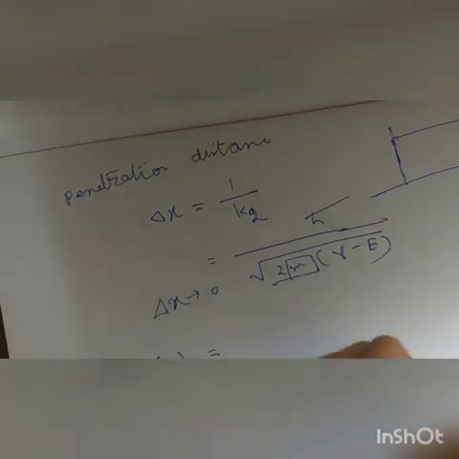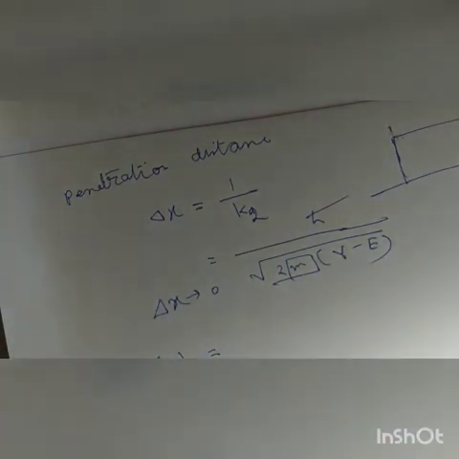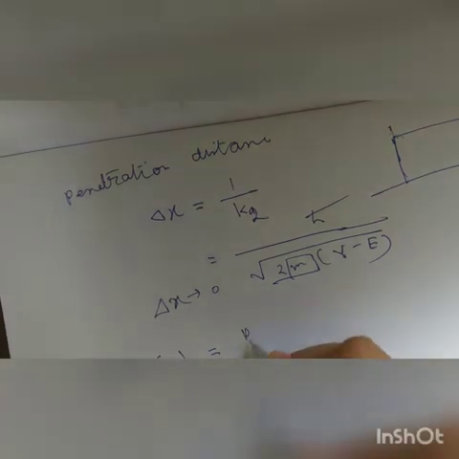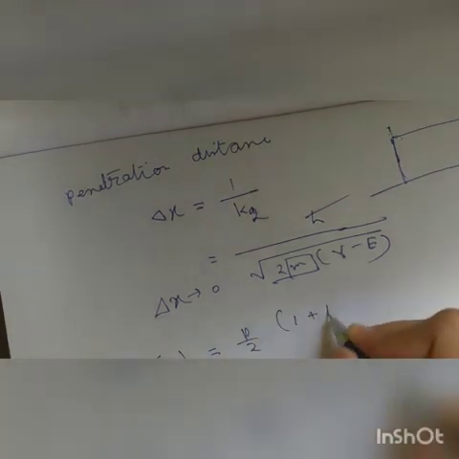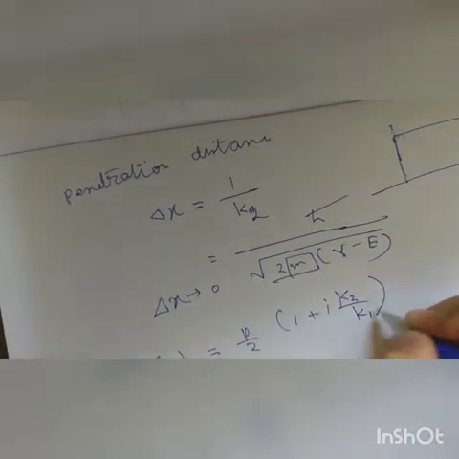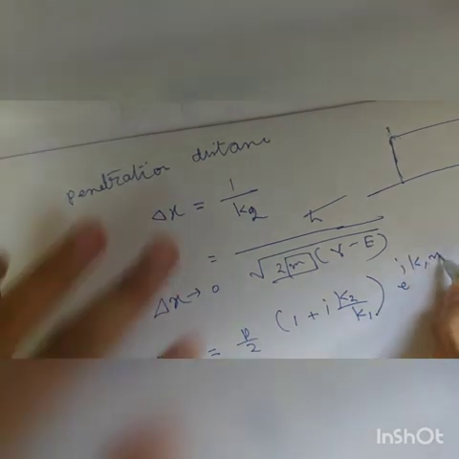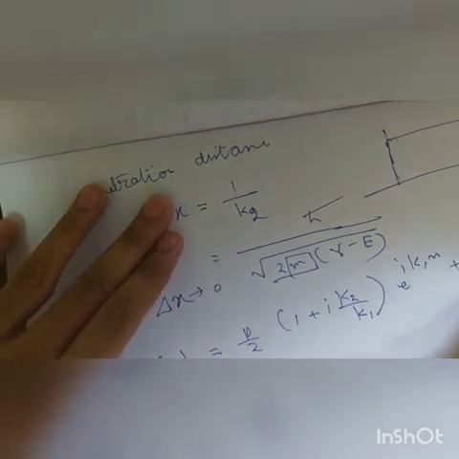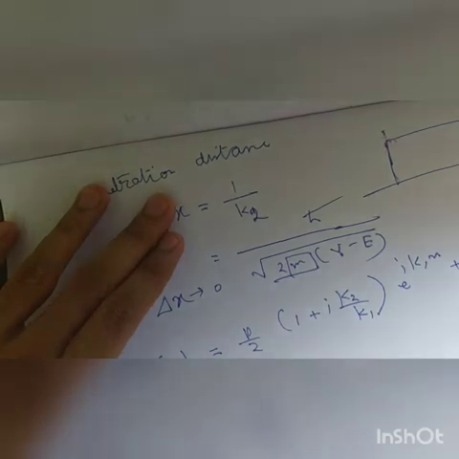One more thing we'd like to discuss here: the wave function for x less than or equal to 0 was D by 2 times (1 plus i k2 by k1) e to the power i k1 x, plus (1 minus i k2 by k1) e to the power minus i k1 x.